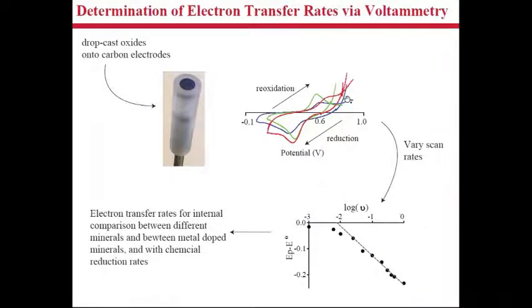An interesting thing about this, and this is why we have collaborators, because some of this is a bit beyond me in the theory, is that if you vary the rate at which you push electrons in and pull them out, these peaks move around, and if you see how the peaks move as a function of changing that scan rate, you can calculate how fast the electrons are being transferred into the material, which is an electrochemical rate of reduction that you can compare to your chemical rate of reduction.